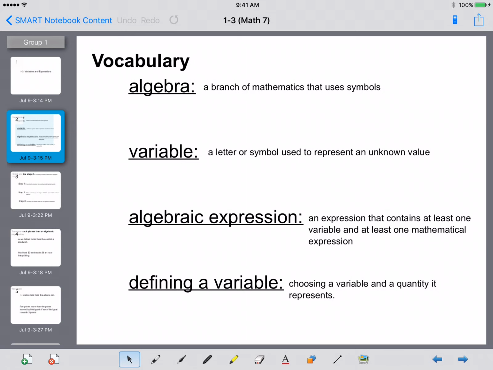So a plus 2, 2x, x divided by 5 plus 4 times t. As long as there's one letter or variable and one mathematical operation. And then defining a variable is choosing a variable and the quantity that it represents.